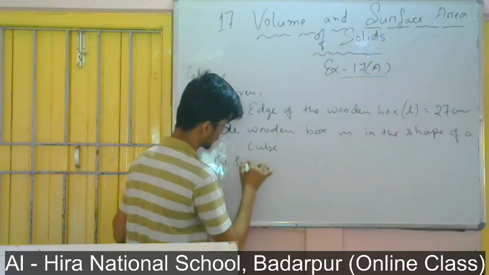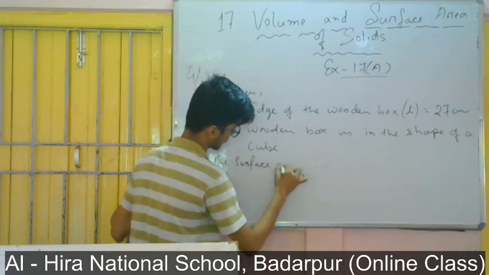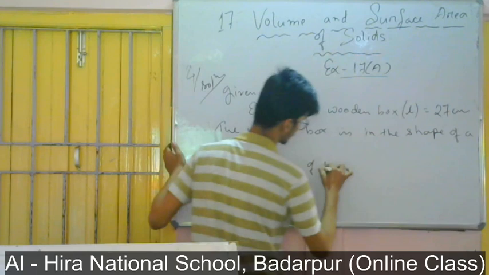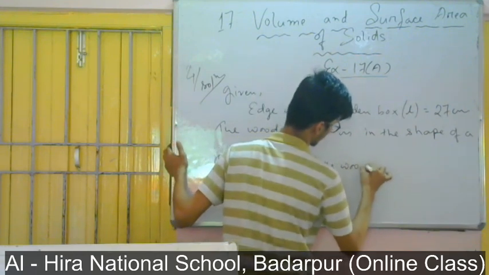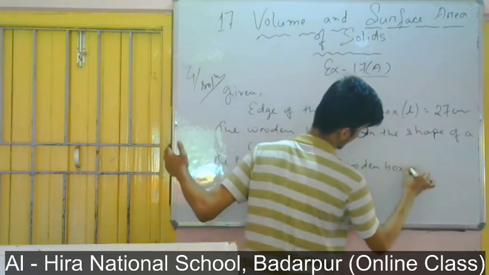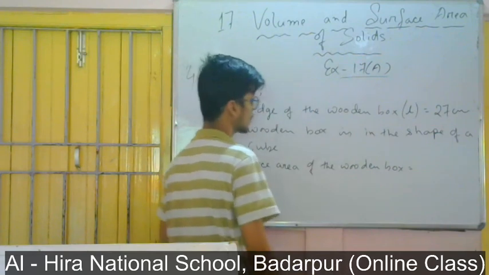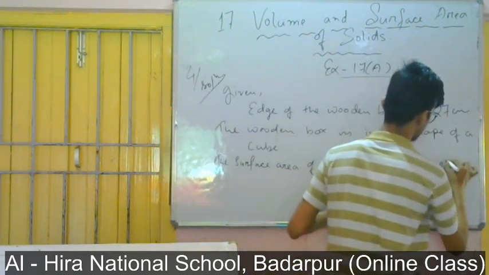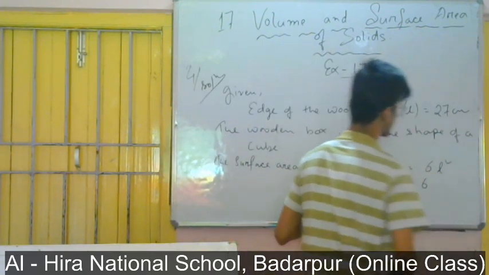Therefore the surface area of the wooden box is equal to 6L square. We know the formula, 6L square.